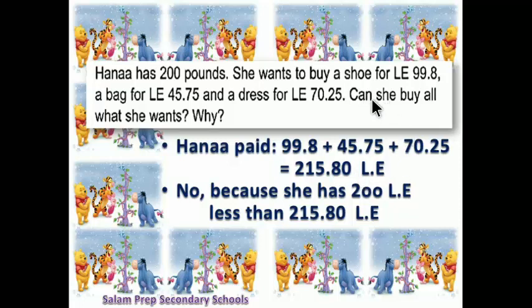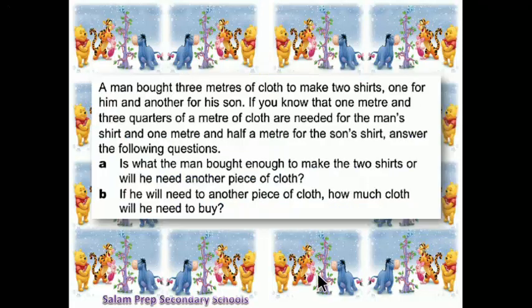Hannah can't buy all what she wants because she has 200 pounds. This amount is less than 215.80 pounds. She can't buy all what she wants.